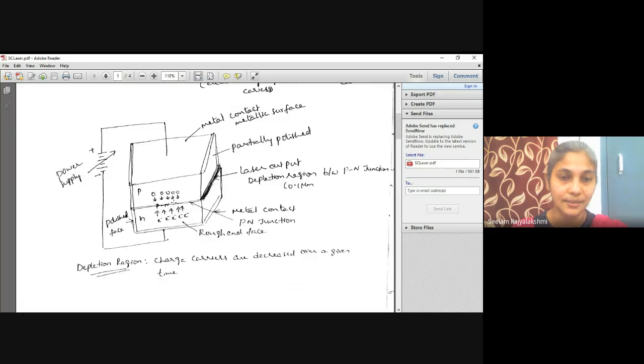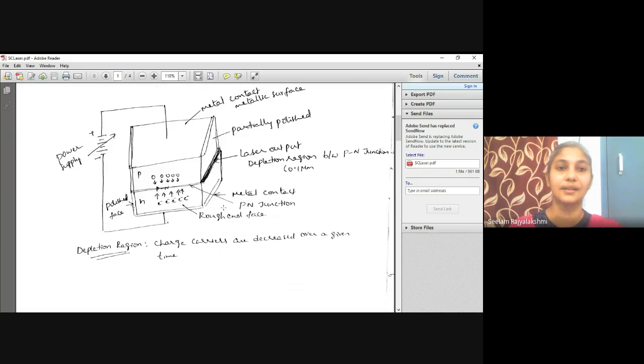Because of this electric field, the holes and electrons may not flow, and we obtain a depletion region or depletion layer. This is the PN junction, and the depletion region between the PN junction gives the laser output.